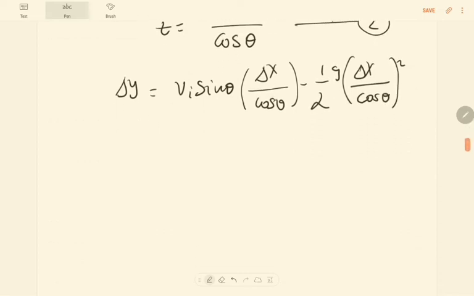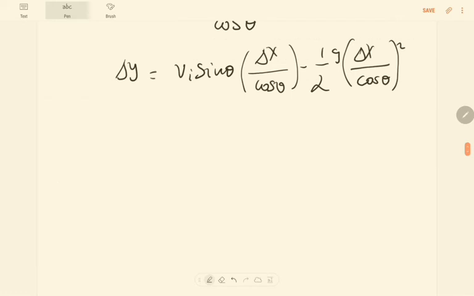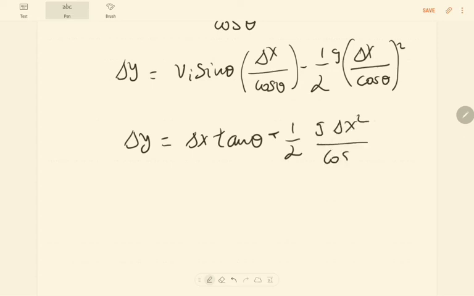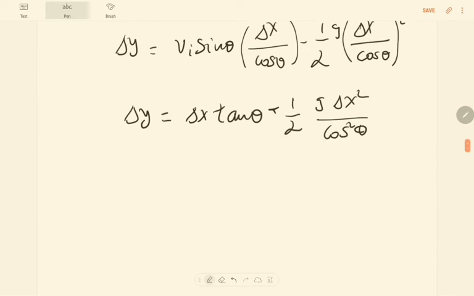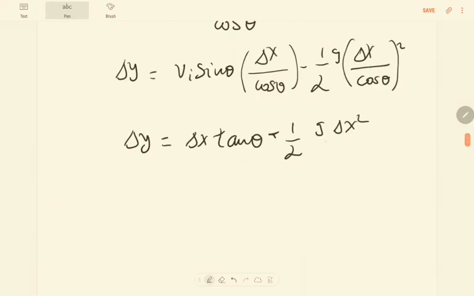Now with a little simple arithmetic simplification, sine theta over cos theta gives you tan theta. So delta y, the equation that governs this kind of motion, would be delta x tan theta minus half g delta x squared over v initial squared cos squared theta.